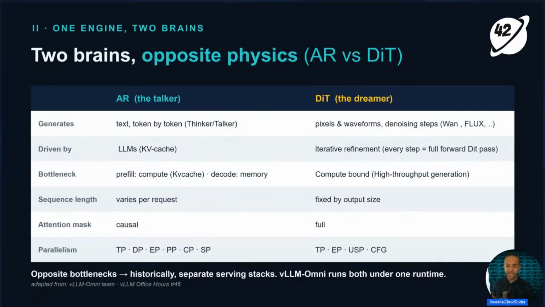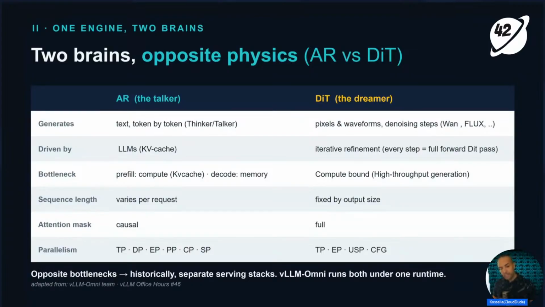It generates text token by token. That's your usual LLM, with prefill driven by KV cache, which is compute bound, and decode, which is more memory bound. The sequence length varies per request, so it can be different. And the attention is causal, so you only look backwards at tokens.